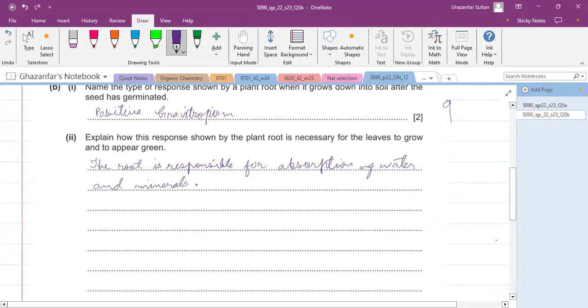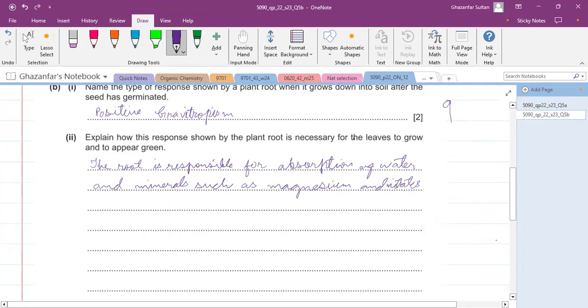We should mention that these minerals are such as magnesium and nitrates.